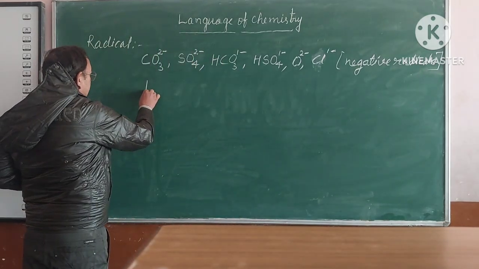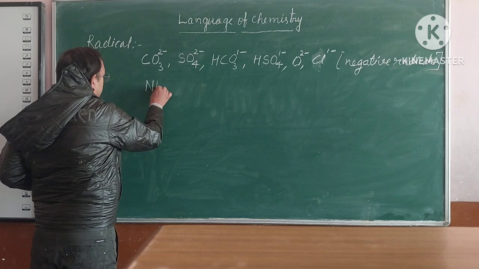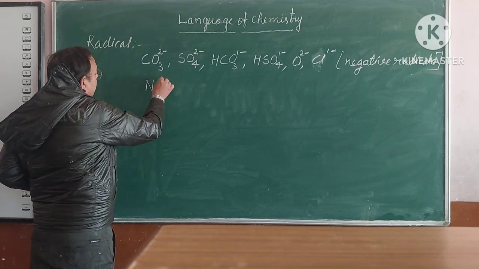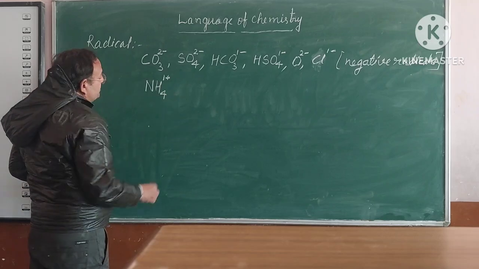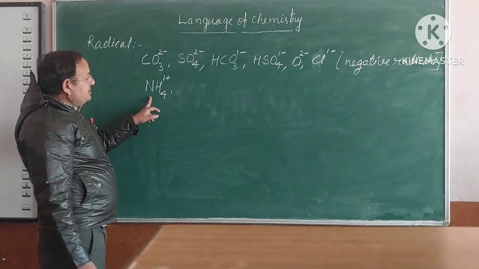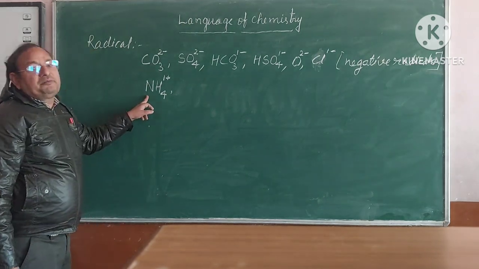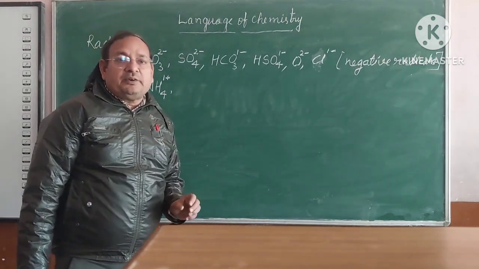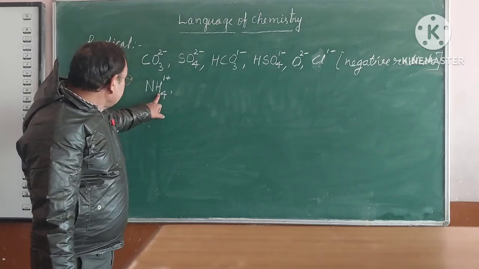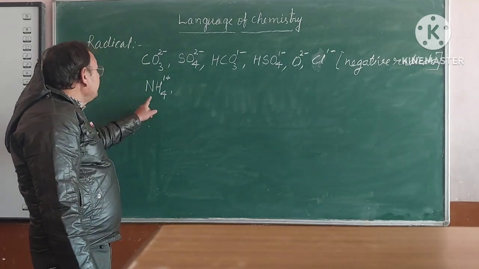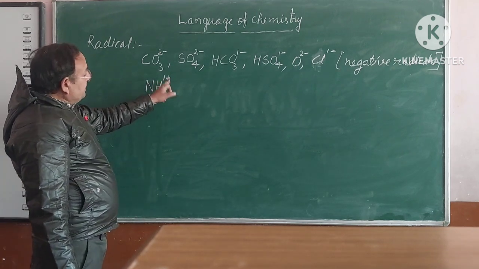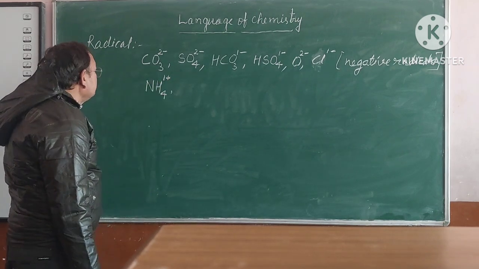In the electropositive radicals, ammonium, NH4, has 1 positive charge. It is made up of a group of atoms: nitrogen and 4 atoms of hydrogen, and having 1 plus unit charge.